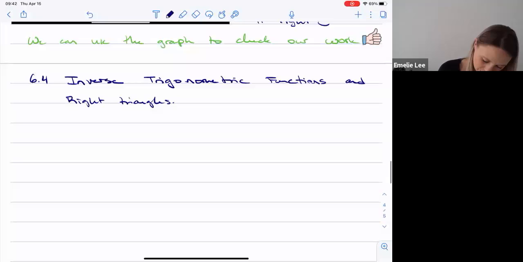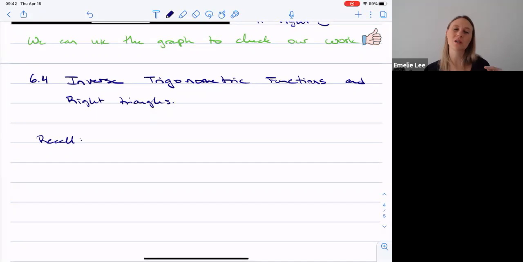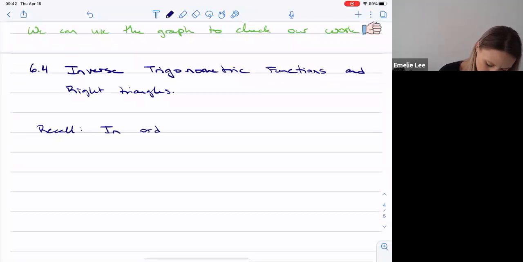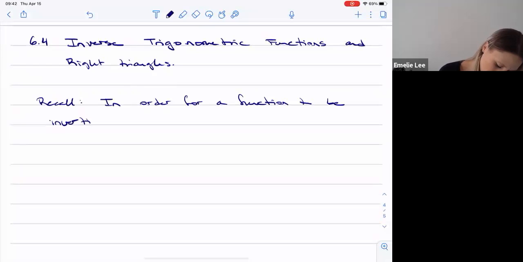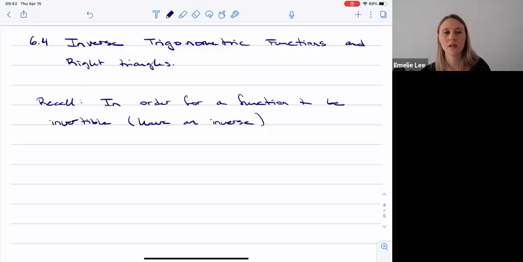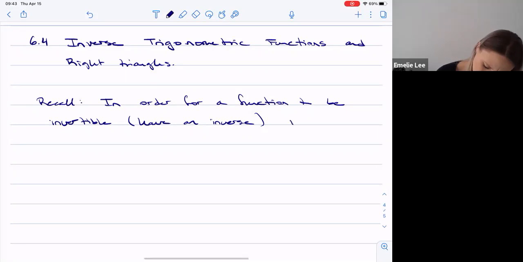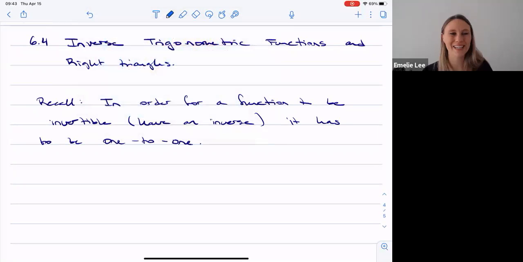So recall, in order for a function to be invertible, right, have an inverse, which is really just saying have an inverse, it has to be one-to-one, which we check graphically.